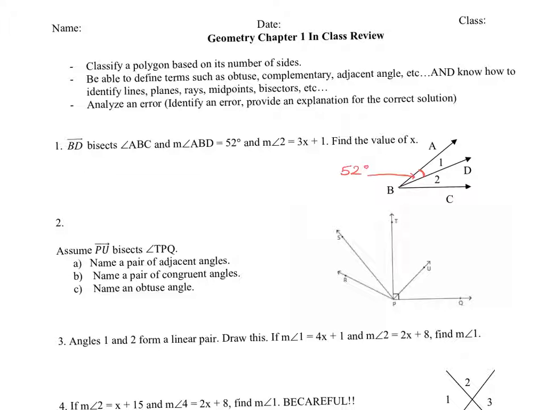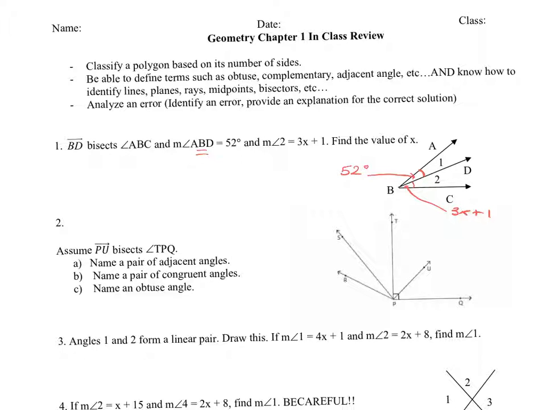Remember, the vertex is always in the middle, so I read that ABD, so I know they're talking about that specific angle. And the measure of angle 2 is 3x plus 1. That means that this angle is 3x plus 1. So what can I do to solve for the value of x? Set them equal, right.